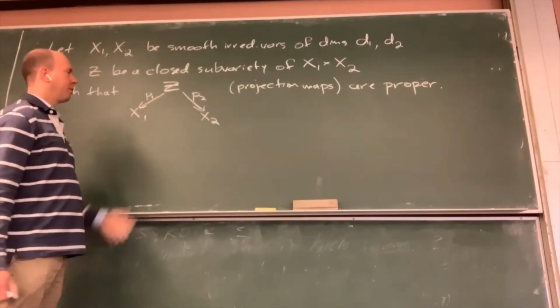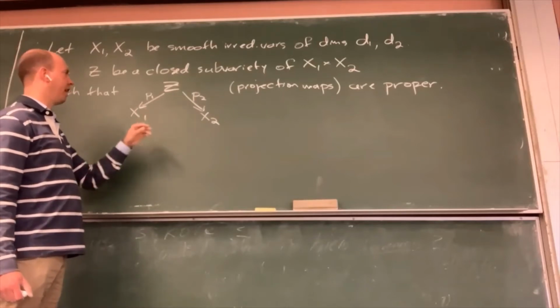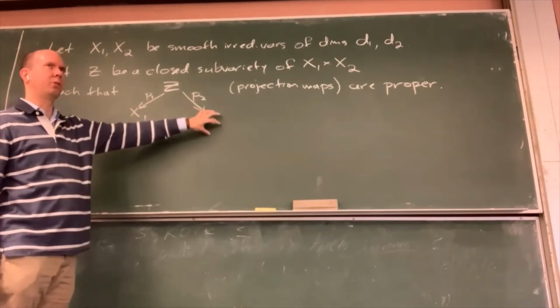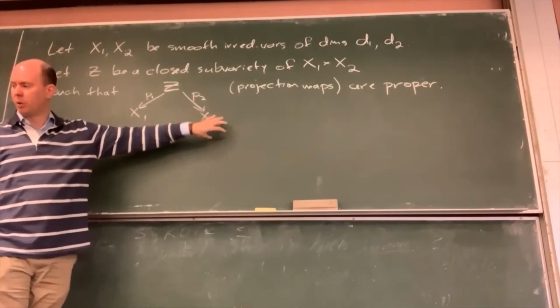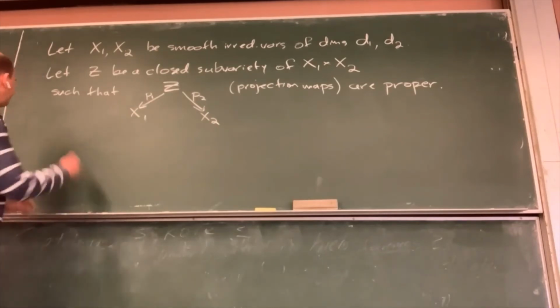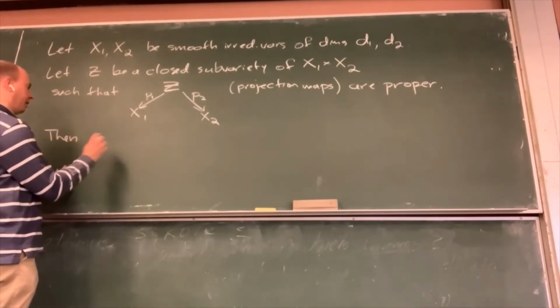But for us, we want to see the correspondence in homology. So we want to produce from this diagram a map from the Borel-Moore homology of X1 to the Borel-Moore homology of X2, except I think I'm actually going to want to put it the other way around. My assumptions are symmetric so far. So yes, I decided in the end to define it from X2 to X1.